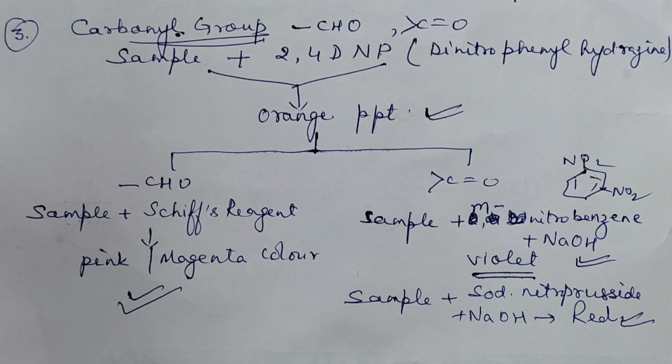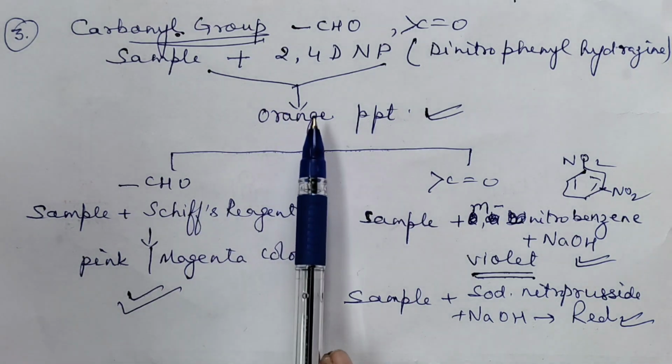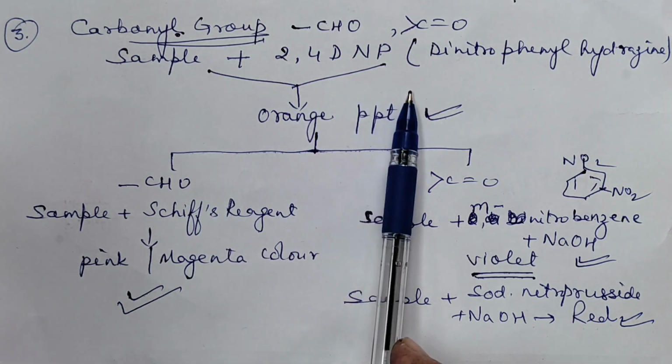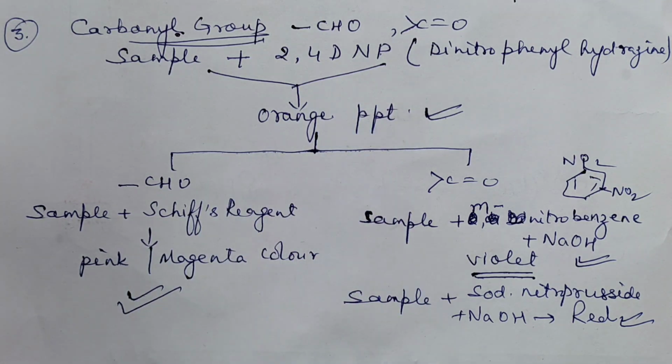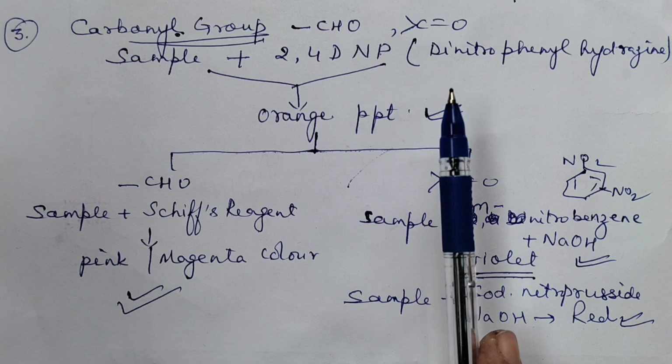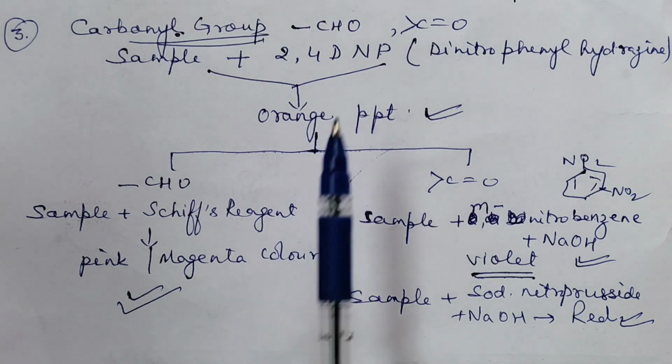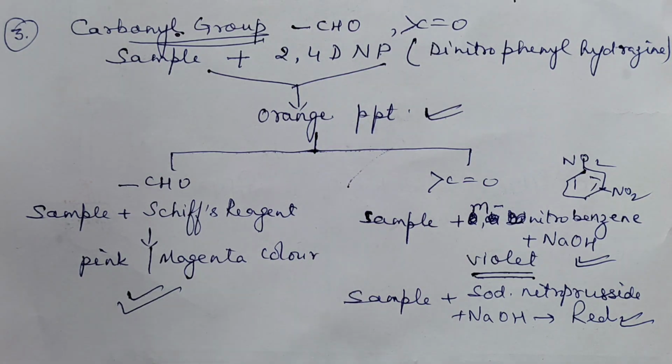So if you get that color, it indicates that ketone is present. Suppose it was not giving the 2,4-DNP test, you will say carbonyl group absent. That indicates aldehyde, ketone both are absent. If you get this orange PPT only, you will go ahead with aldehyde or ketone. Suppose you do not get this, you will go for the next functional group.